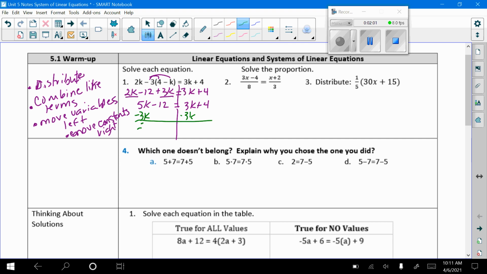I end up with 2k minus 12 equals 4. And now we're going to add 12 to both sides. So I get 2k is equal to 16, divided by 2. K is equal to 8.